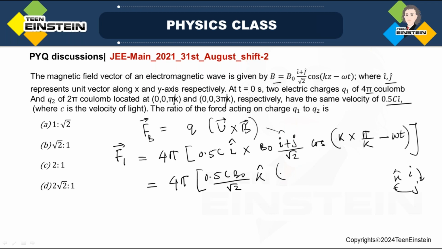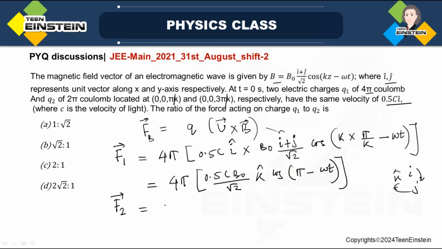And this part, you look, cos of pi minus omega t. Let me find out what is F2 then.